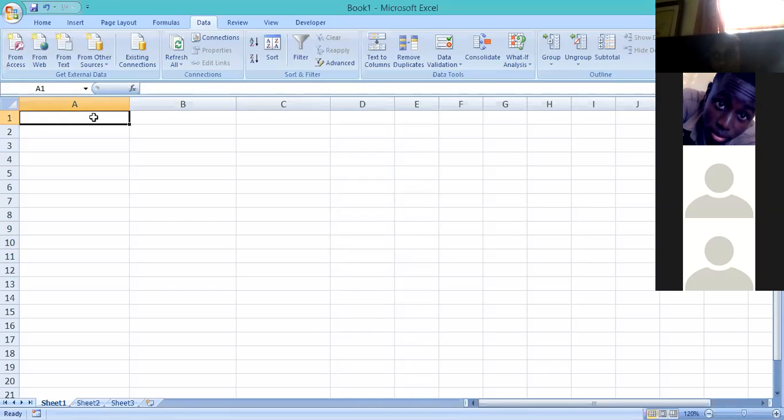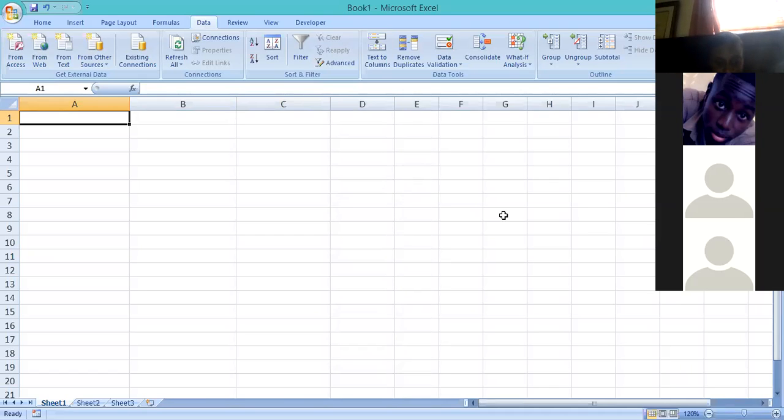What is the purpose of spreadsheet or Microsoft Excel? Same thing. What's the purpose? Is to calculate. Very good. Thank you. Next question. What makes up spreadsheet? Rows and columns. Thank you.